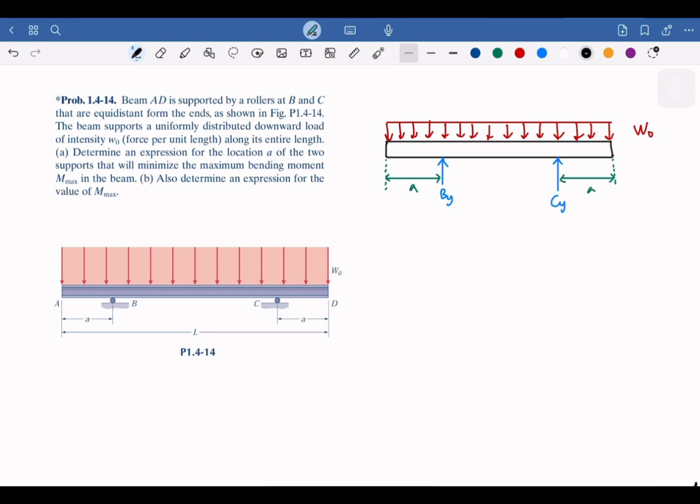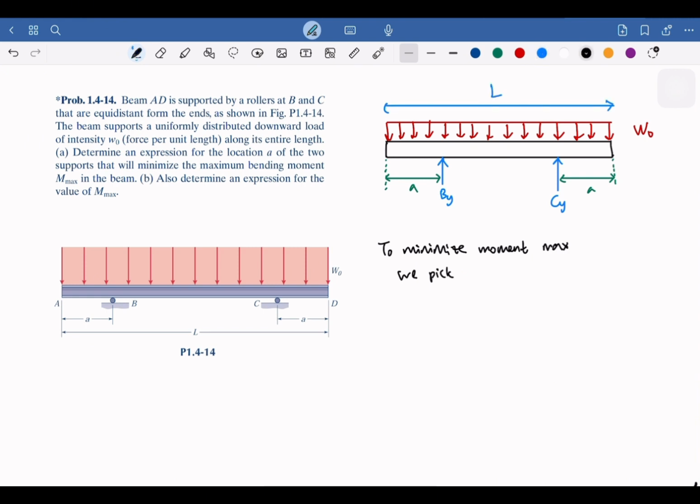Determine the expression for the location A for the two supports that will minimize the maximum bending moment M max in the beam, and determine the value of the M max. So to minimize the moment max, I forgot the whole thing is distance L, right?